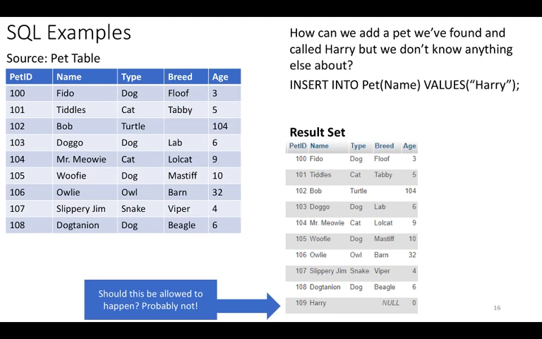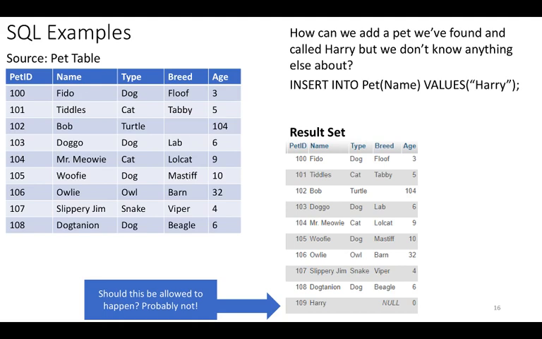But the question really is, should we or would we allow that to happen? Should we allow the insertion of a record of a pet where we don't know what it is, what breed it is, and what age it is? We might, but we might not. That's a decision we'll make, and we'll come back to it later.